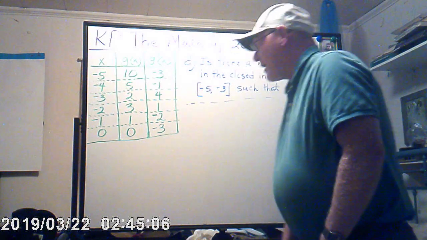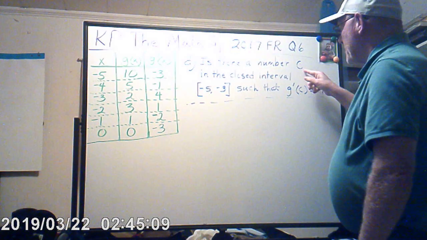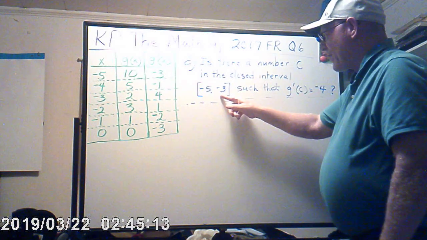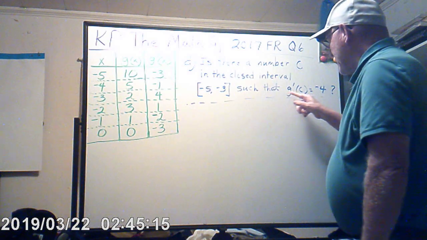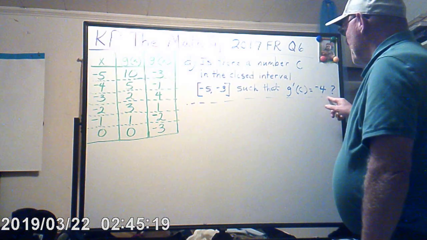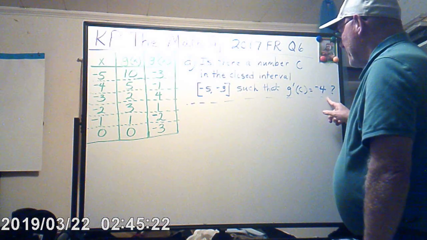The question asked, question D: is there a number C in the closed interval [-5, -3] such that g prime at C is equal to -4?